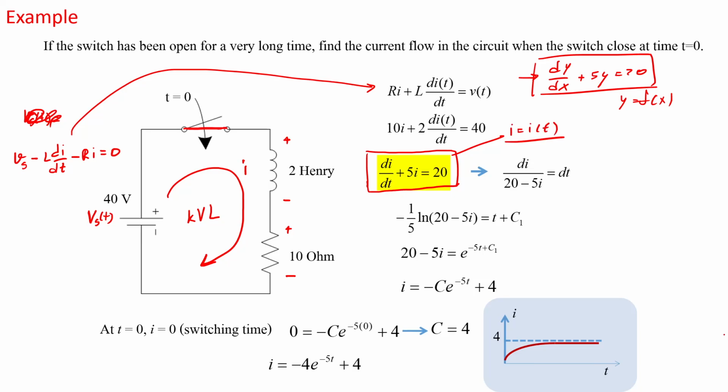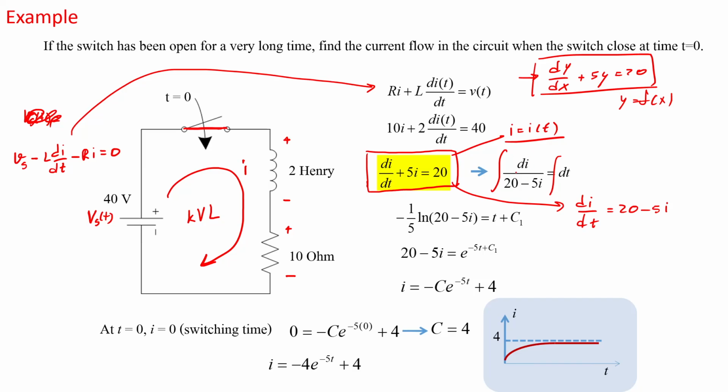We rearrange: dI by dt equals 20 minus 5I, and then we separate dI and dt and integrate.